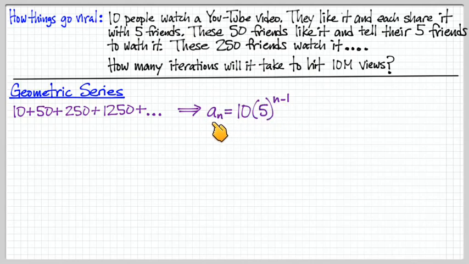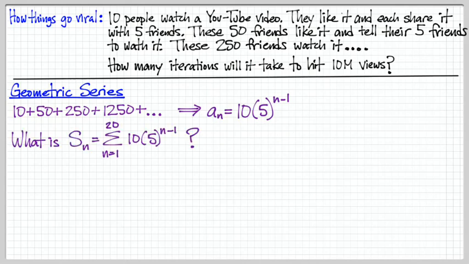We learned this method of describing a geometric sequence in the other lesson. Today we want to find out the sum. If I want to find, say, the sum of the first 20 elements, for example, how might I find that?